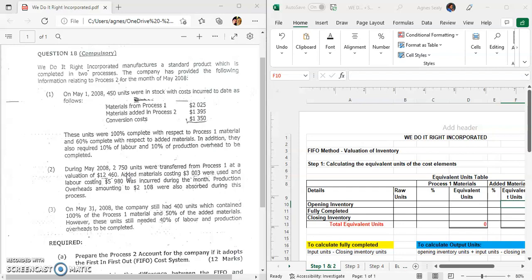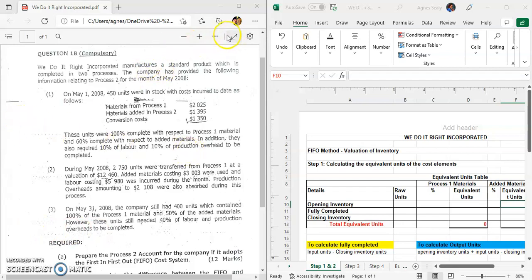These 400 units are completed with 100% of process 1 material and 50% of added material. However, these units still need 40% of labor and production overhead to be completed.